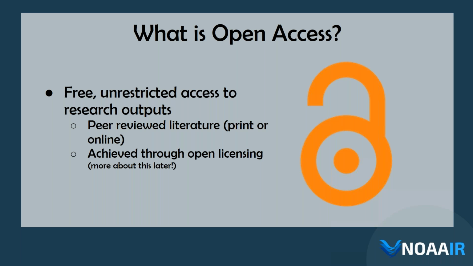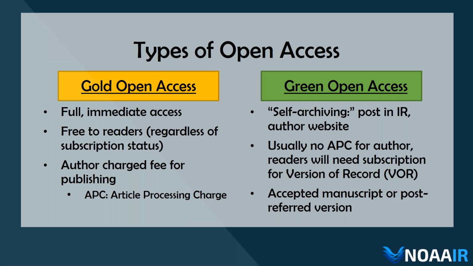When we talk about open access, there are a couple of different kinds, but there are two main kinds. Typically we're looking at gold open access, which means that a publication, again focusing on journal articles, is fully and immediately available via a publisher's website. It's free to readers, regardless of their subscription status. Normally, to access a journal article you have to have a subscription to that journal.